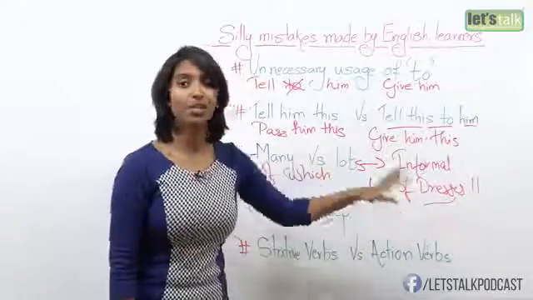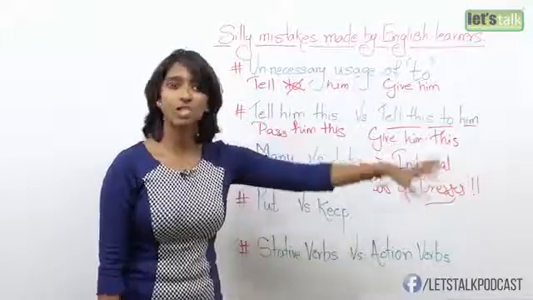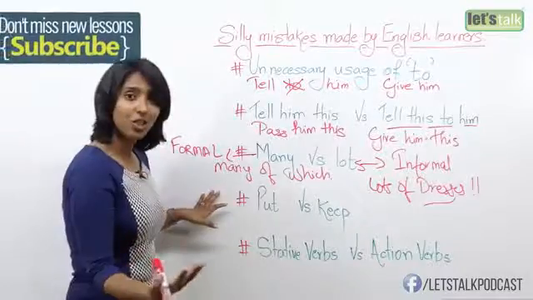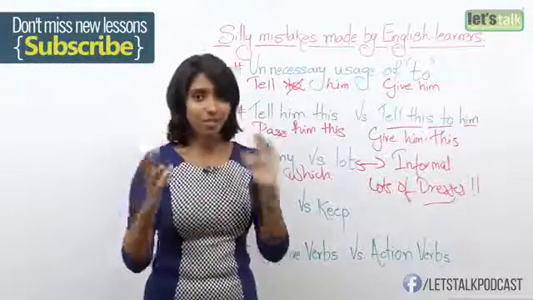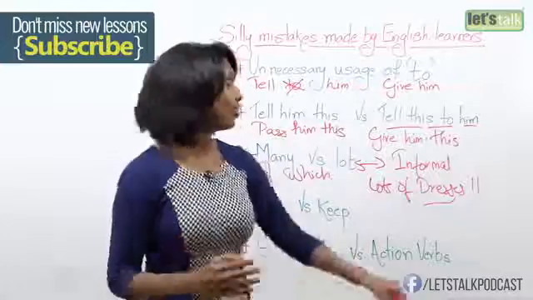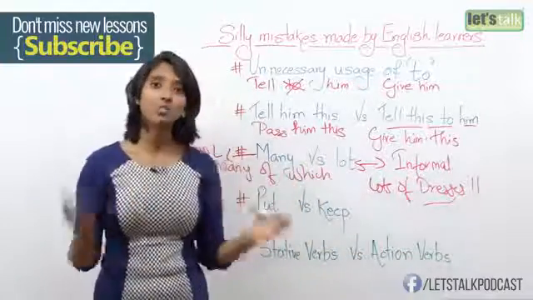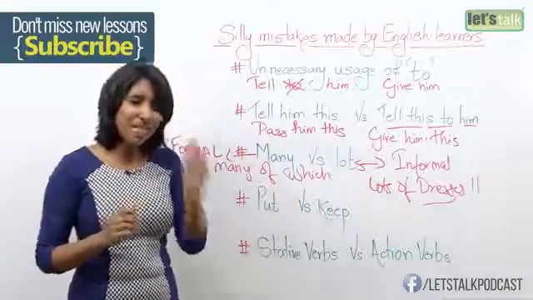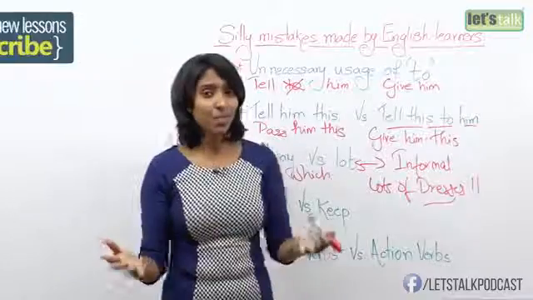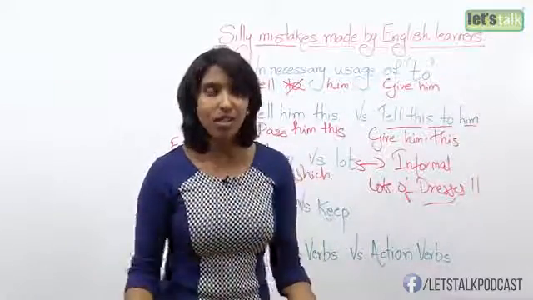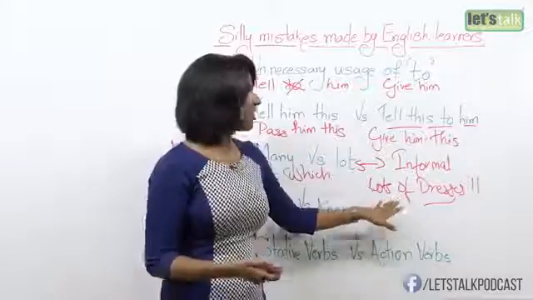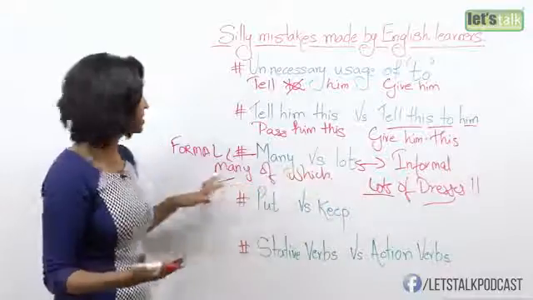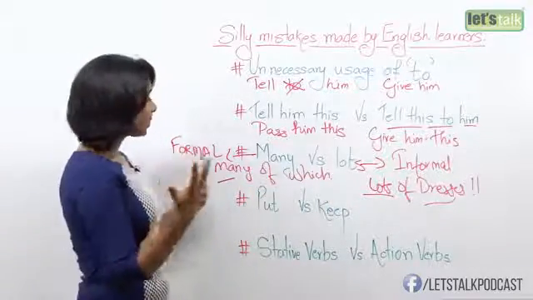So lots of people, lots of dresses, lots of countries, lots of money, many people, many countries. You have to identify how you are using those collective nouns or those countable nouns when you're using "lots". So we have to be very careful. I know this might be confusing right now, but my tip would be try and read as much as you can and try to watch English movies. They have a lot of dialogues where they use the words "lots" versus "many".